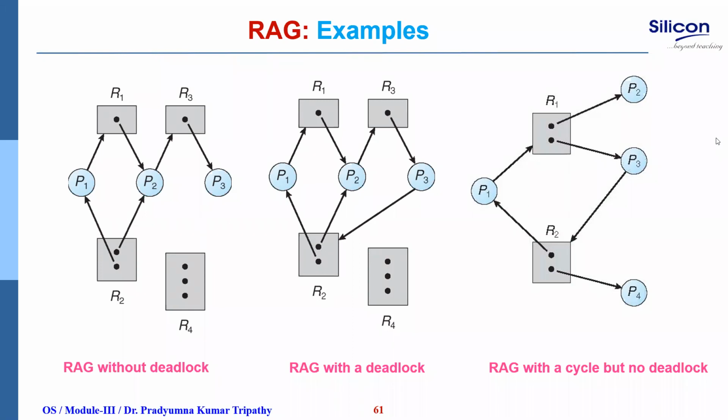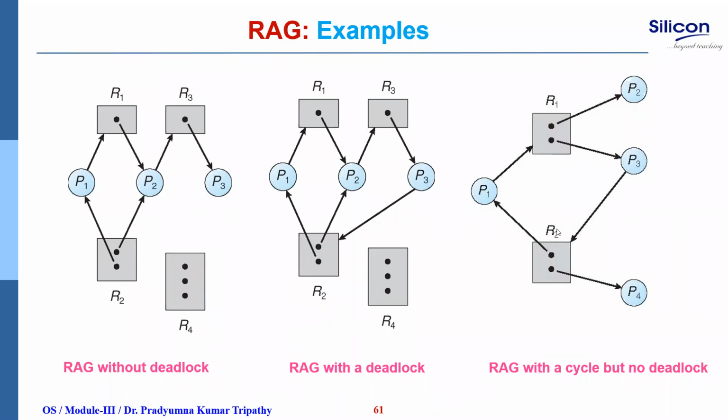Correct? If there is only one instance of each resource, and there is a cycle, do remember, then it is in deadlock. Just think, if I have only one instance over here and one instance here also, then definitely it is in deadlock.